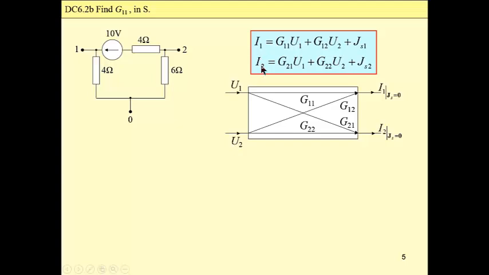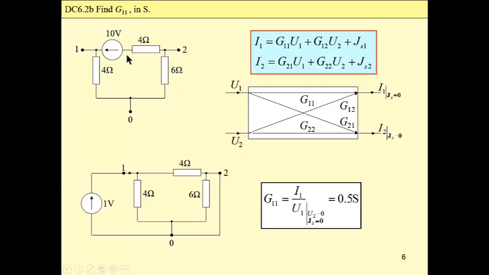Now our outputs are currents and our inputs are voltages, as this circuit is described by its conductance matrix. And then the conductance that we are looking for is a ratio of I sub 1 to U sub 1 for U sub 2 equals 0, which means for this terminal shorted, and sources killed, which means for I sub 1 equals 0, which means that we have a short circuit here.